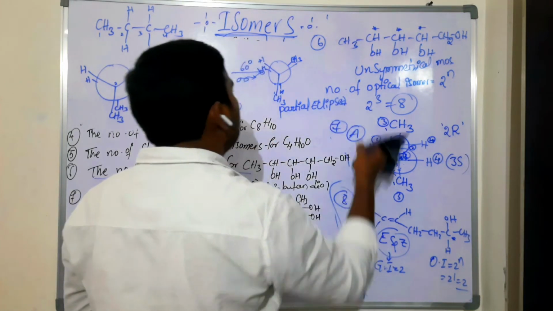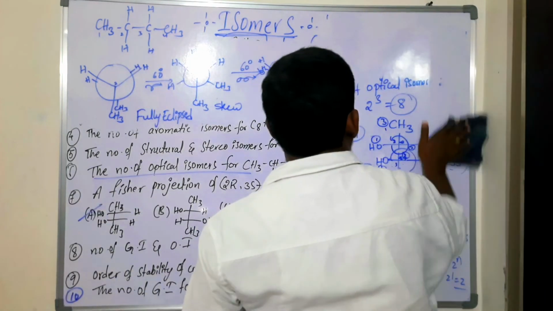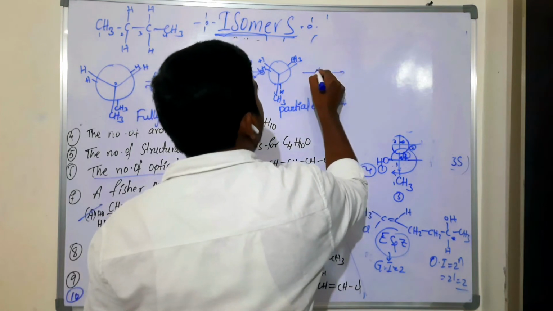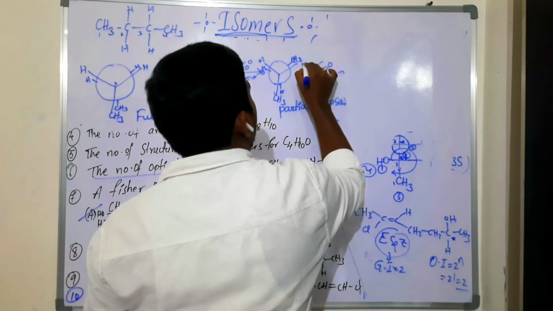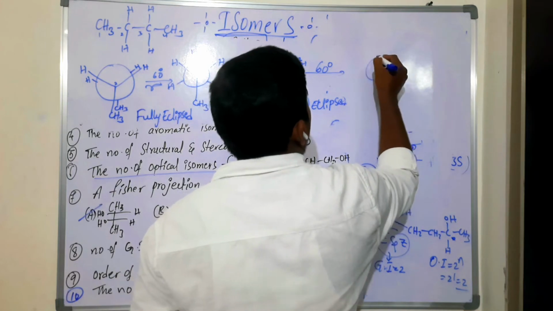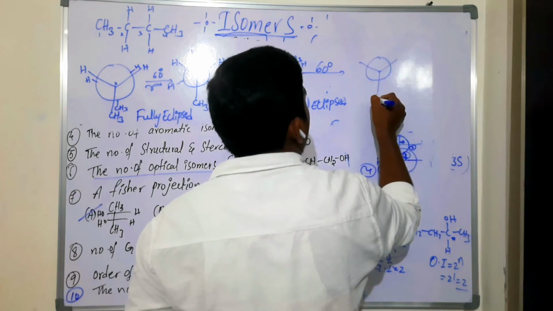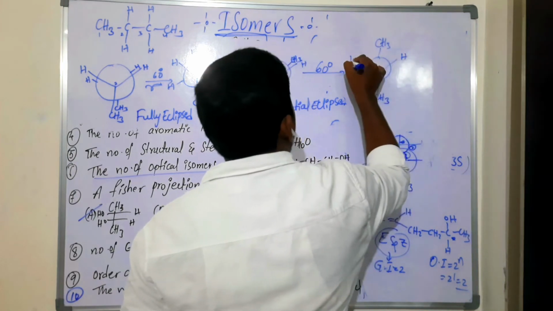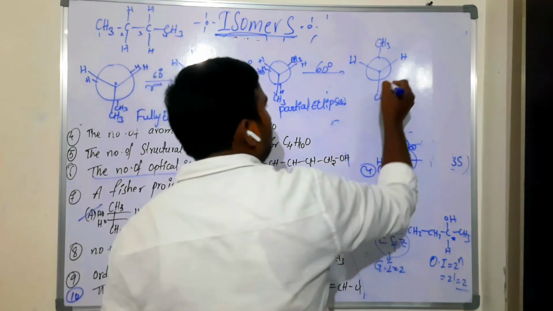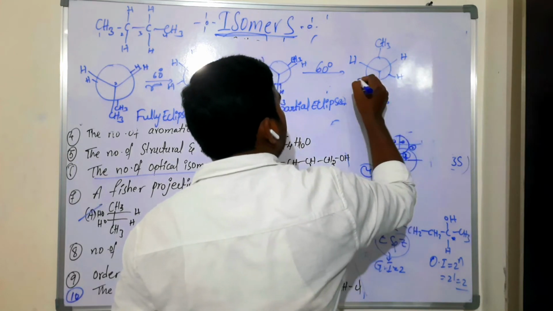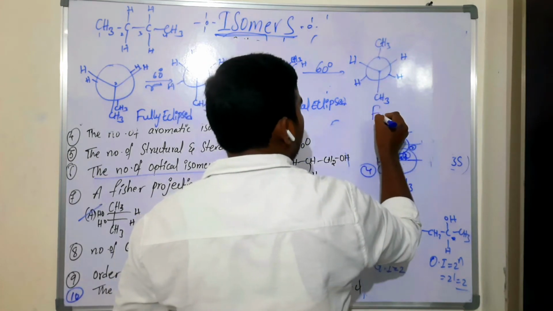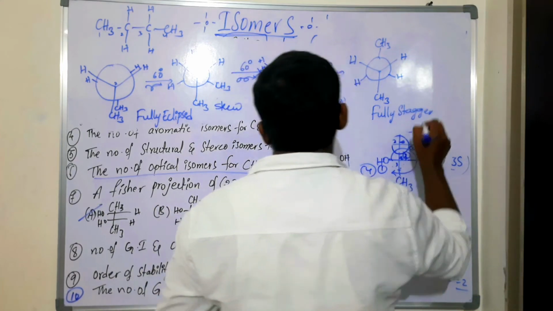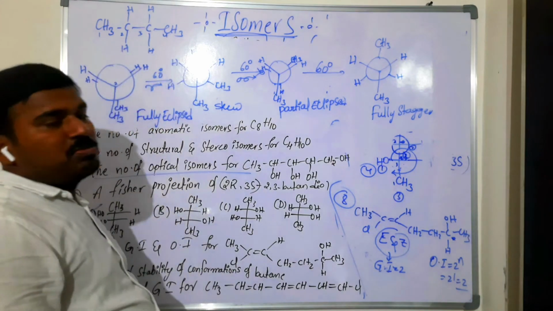Now again rotate one more 60 degrees, and we get methyl here and hydrogen here. The hydrogens will come here. It is called fully staggered conformation.